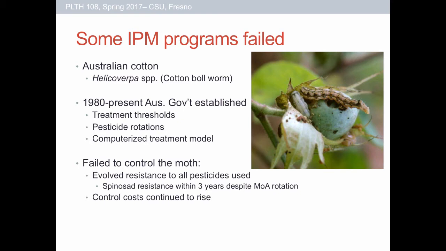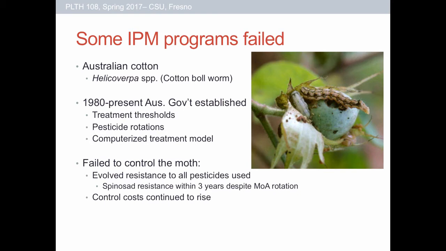Now, I know it's on the slide, but can anyone guess what late 1990s technology came along and bailed out all the cotton growers in Australia? Maybe not. In 1996, Monsanto released a certain cotton product.